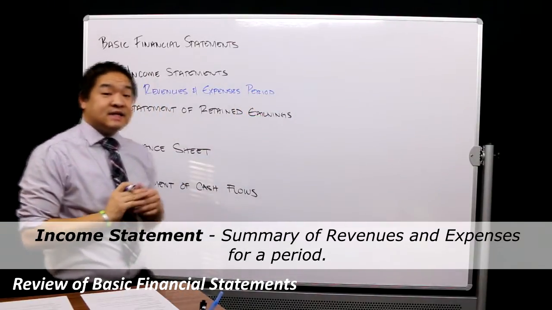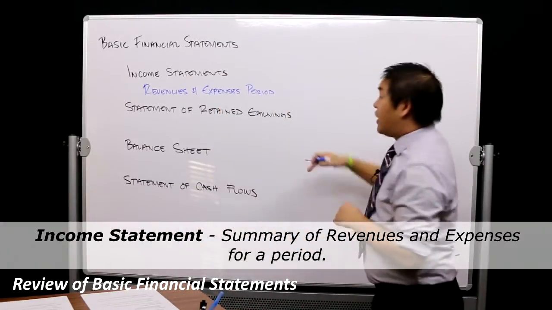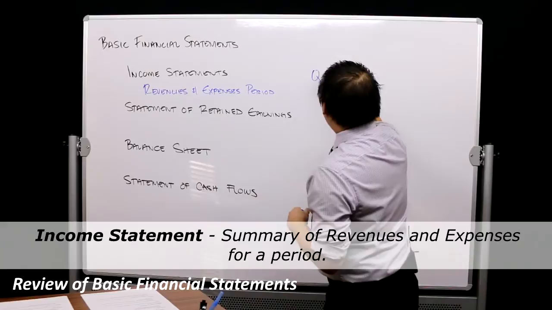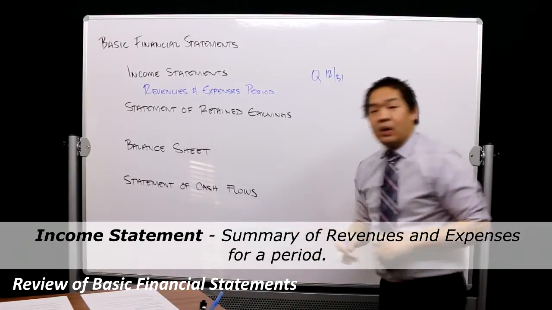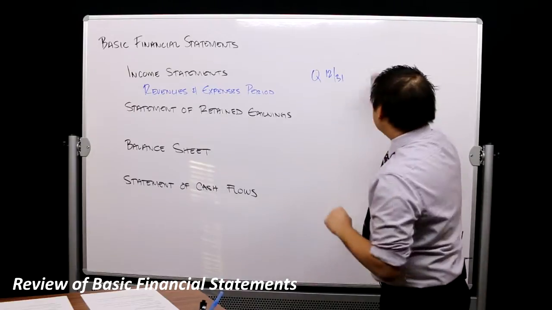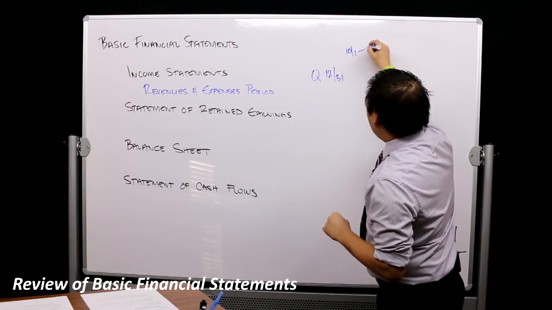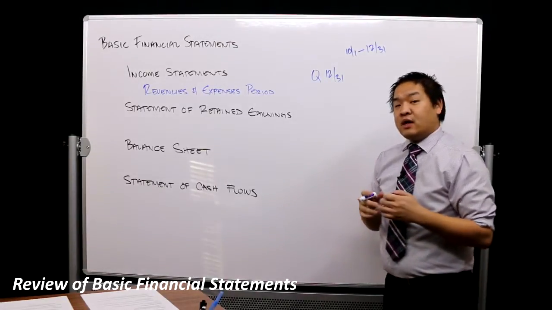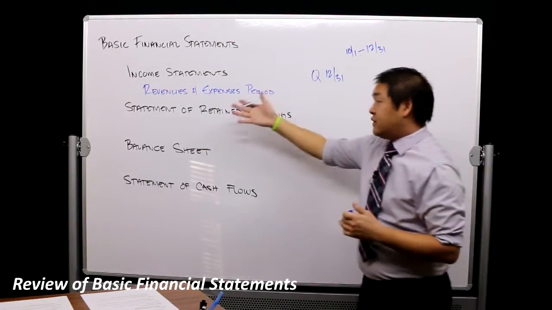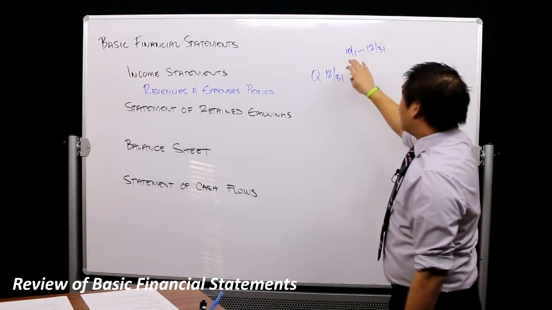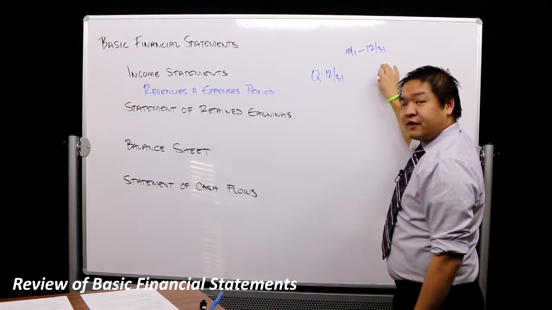Okay, now an example of that is, let's say we wanted to show an income statement for the quarter ending 12/31. Well, the quarter ending 12/31 would encompass 3 months, and so 3 months would be 10/1 all the way to 12/31. Okay, and so when we say that we're going to summarize the revenue and expenses for the period, we try to figure out what the revenues are for October 1 through December 31st.